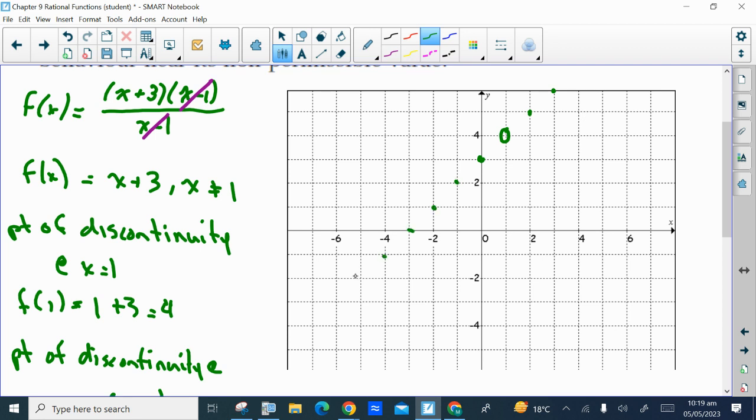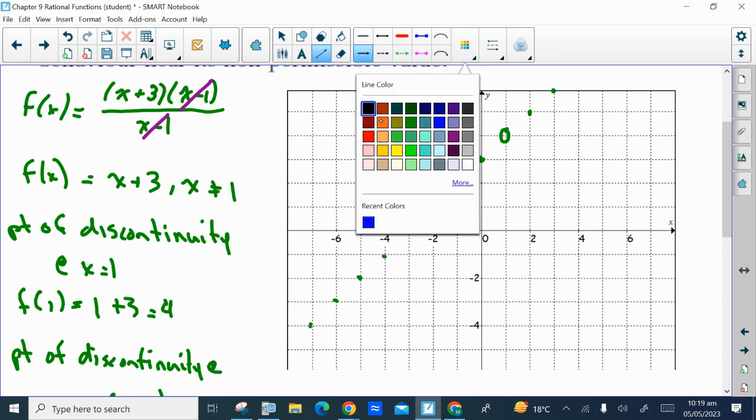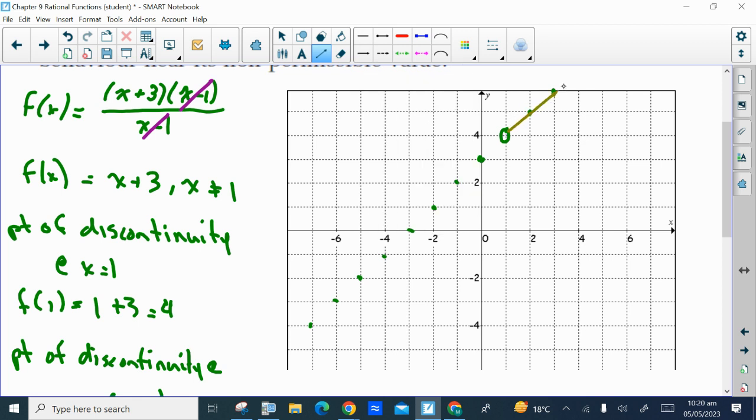Negative 1 over negative 1 still gives you positive 1. So all those points will belong to this graph. We just have that point of discontinuity, but the rest of the graph will be a line.